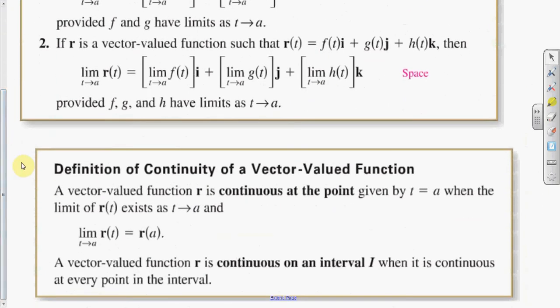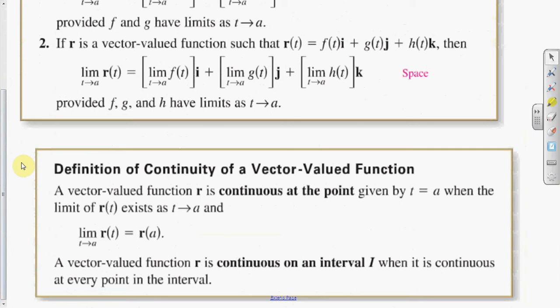A vector-valued function r is said to be continuous at a point. It's either continuous at a point or continuous on an entire interval. If it's continuous at the point given by t equals a, there are actually three things going on, but here they say it in one statement. First, the limit of r(t) exists.